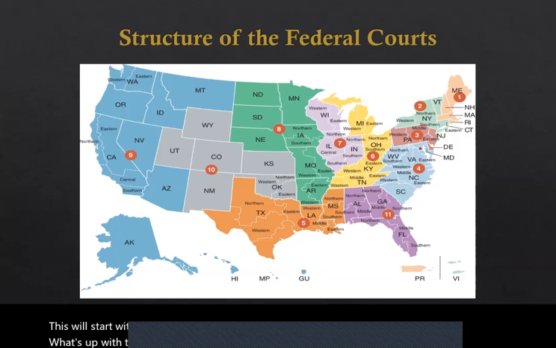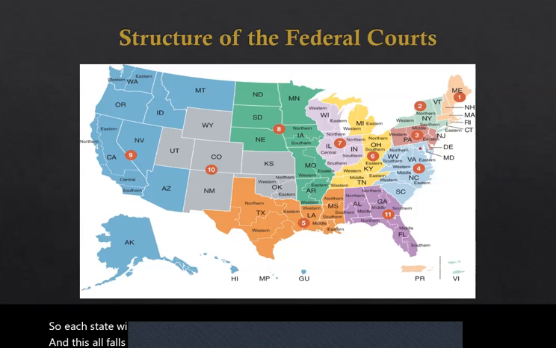If you look all the way on the right-hand side of your screen, you see in the light orange, Maine, New Hampshire, Massachusetts, Rhode Island. Now, each color on this map represents a circuit, so each circuit has 1 appellate court. Each state will have a district court, and this all falls under the Supreme Court.